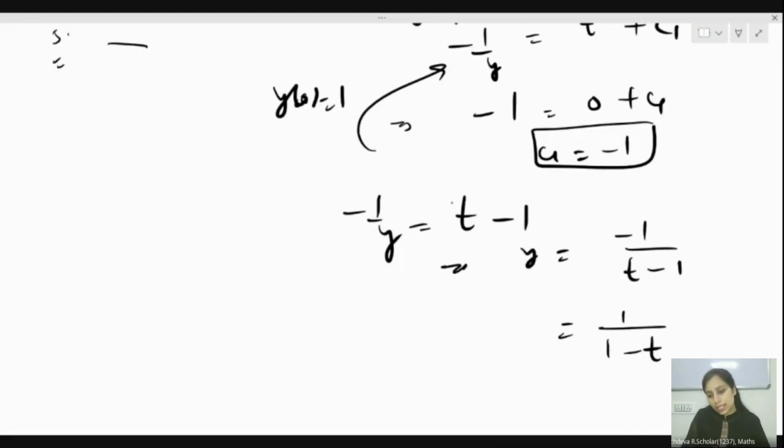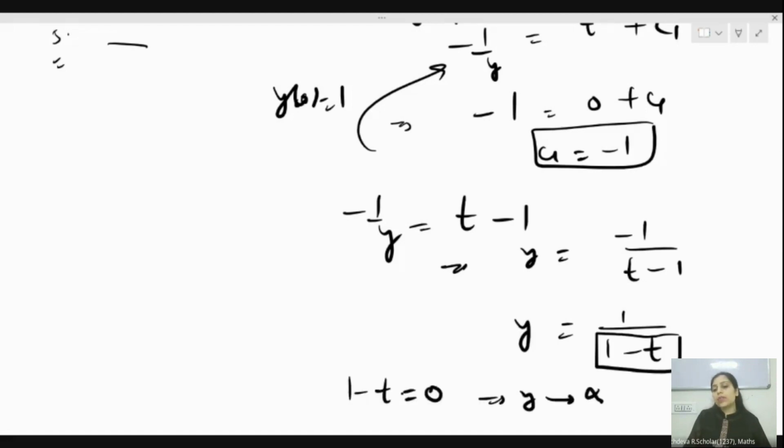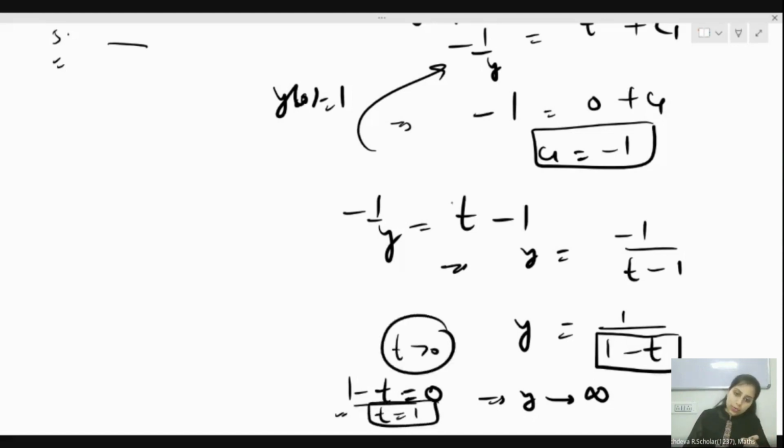Here you can see when the denominator becomes 0, y will tend to infinity. When 1 minus t is equal to 0, it will give you y tending to infinity. That means the solution does not exist when you take t equal to 1. It means there exists a t greater than 0.